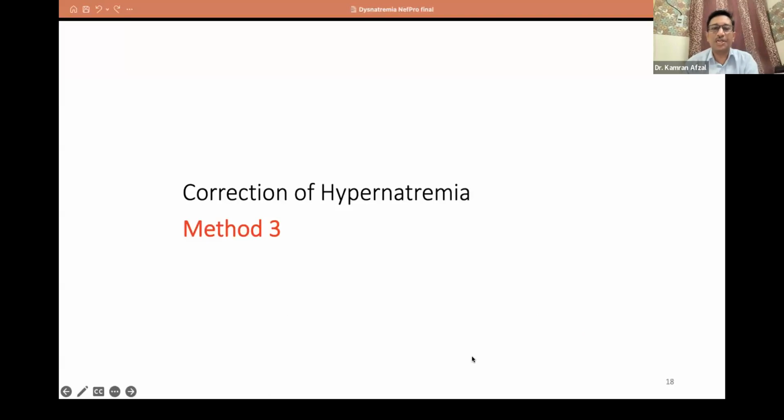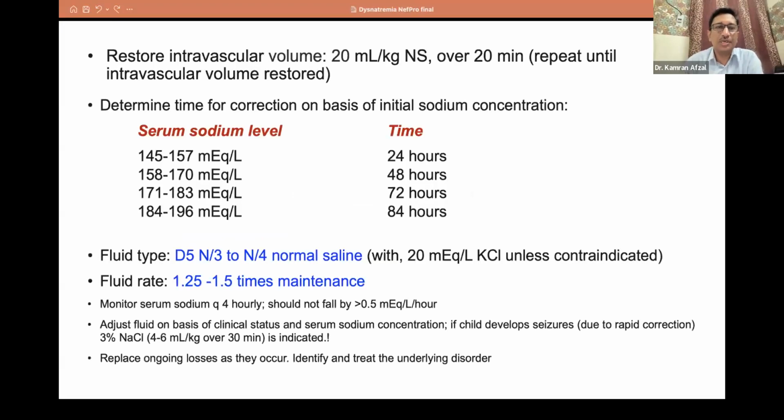The third method, which is more easy and doesn't require any calculations, is to first replenish the intravascular volume with boluses of normal saline. And depending on the sodium levels, we decide on the duration over which we have to give this fluid.